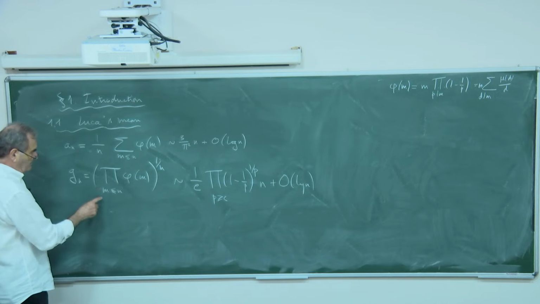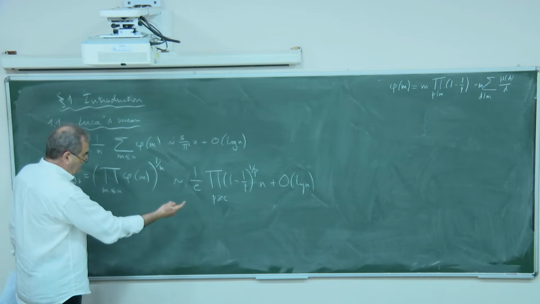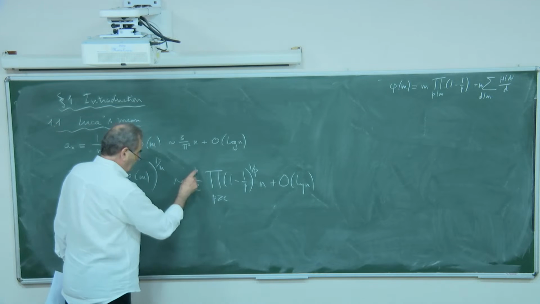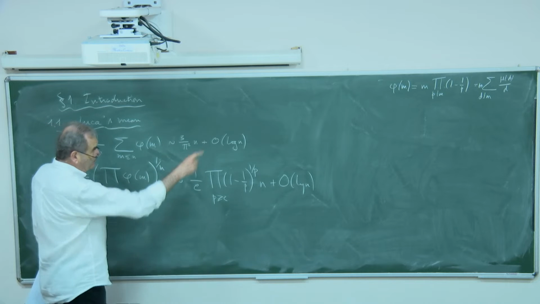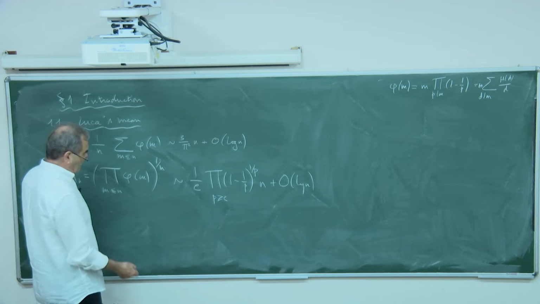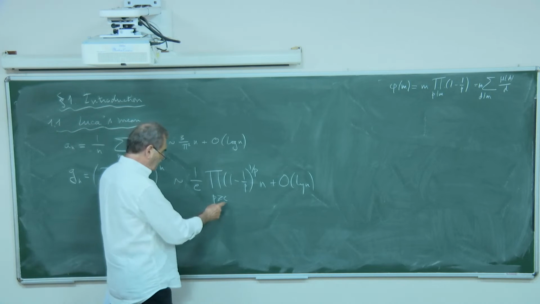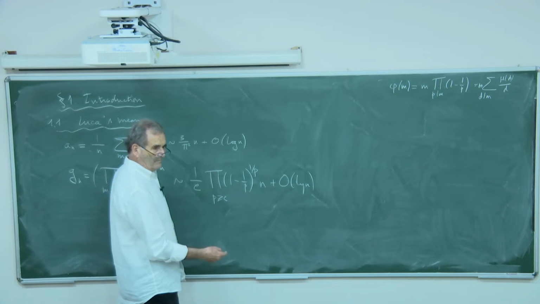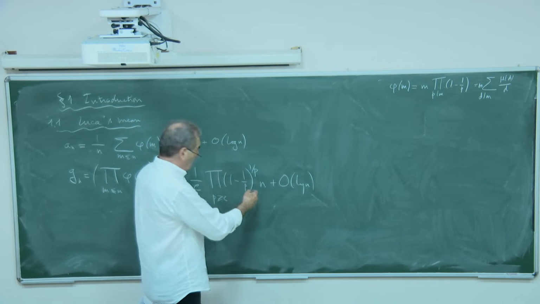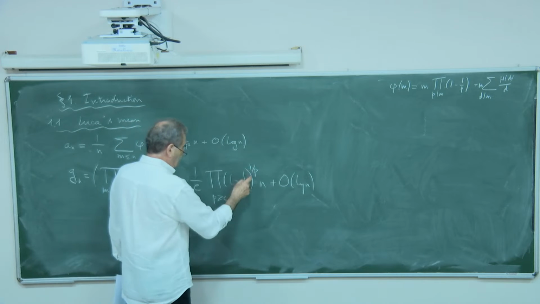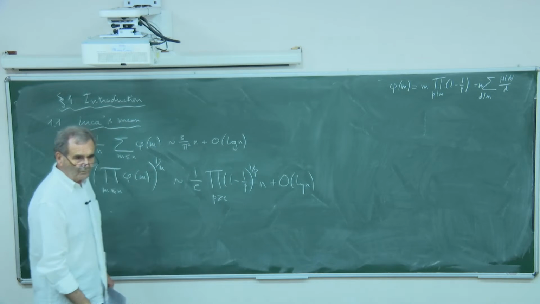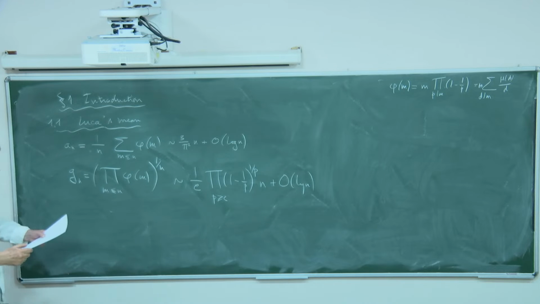So it is n factorial to the power 1 over n, and this is why you get n times 1 over e. And as regards the product there, you see how many times a prime will occur. It will occur something like n over p, but you are taking it to the power 1 over n, and this is why you have 1 over p. So this is not difficult to get those things.